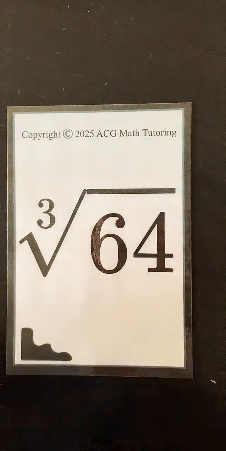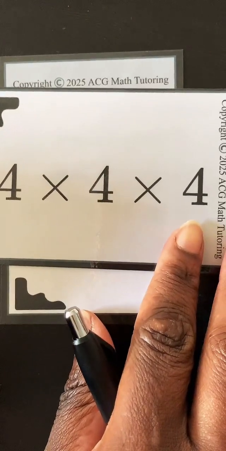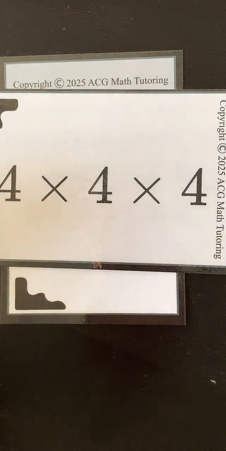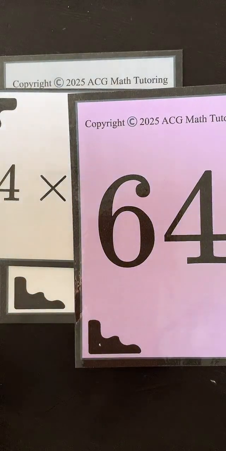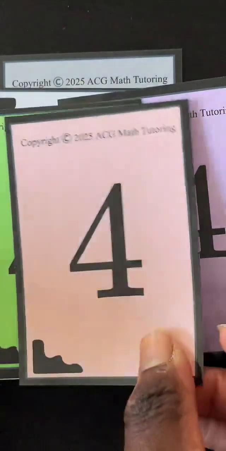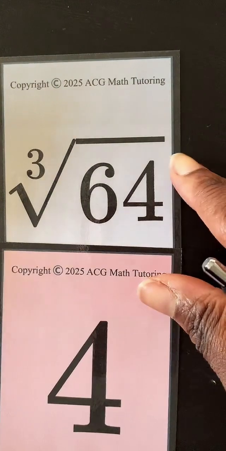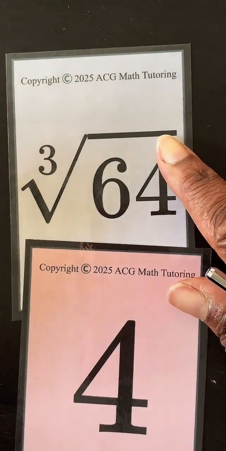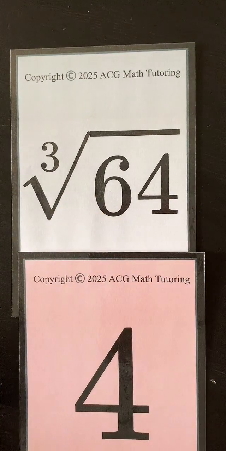So I can match that with this one, which is 4 times 4 times 4. I know that's going to give me 64, which in turn means the cube root of 64 is going to be simply 4.